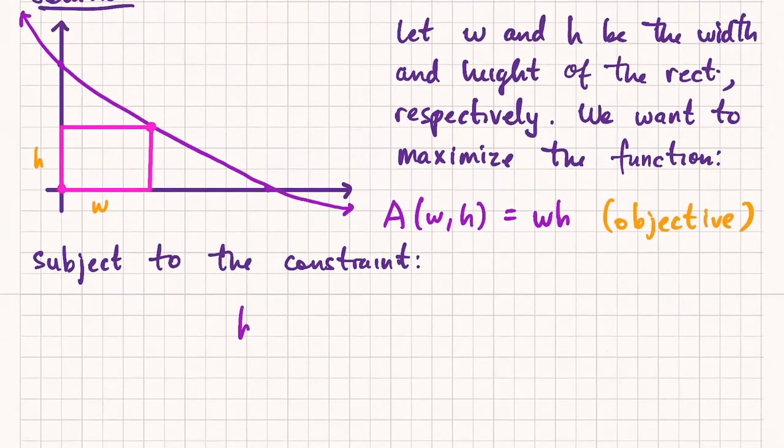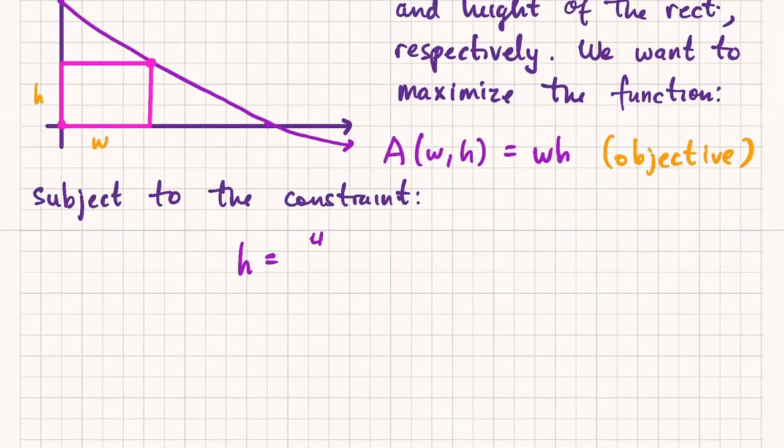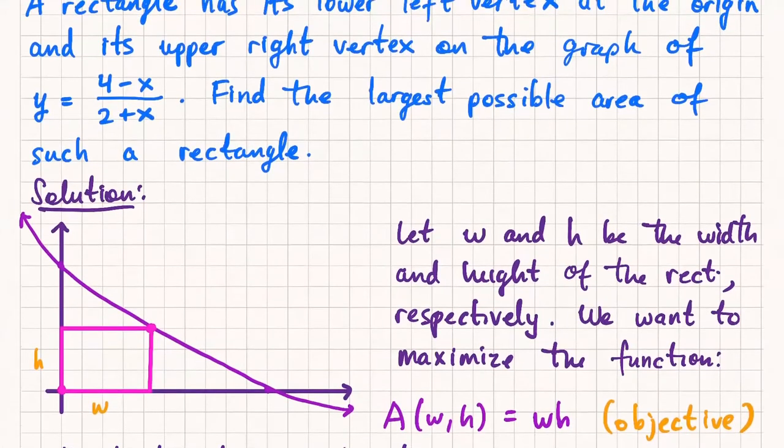Okay, so you said it was H equals that expression, but with W. That's actually correct. If you're not clear about how we got that constraint, notice that I told you the upper right vertex has to lie on this graph.